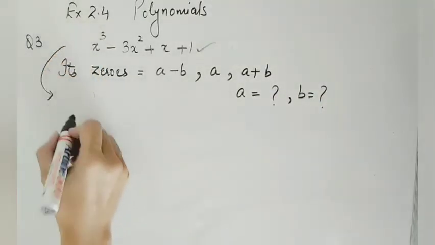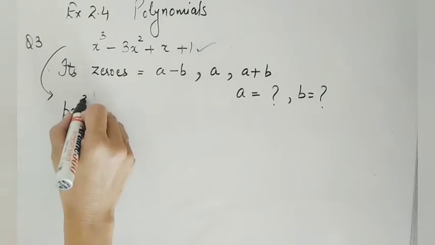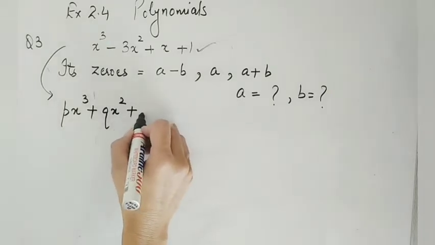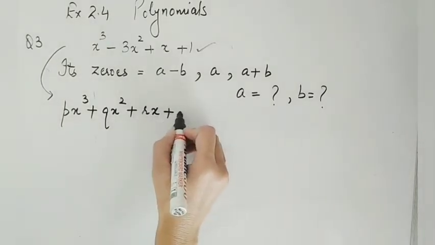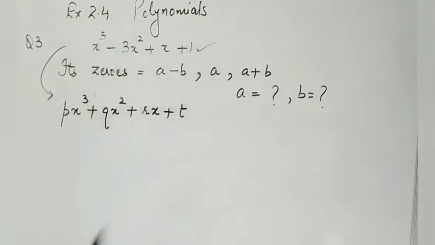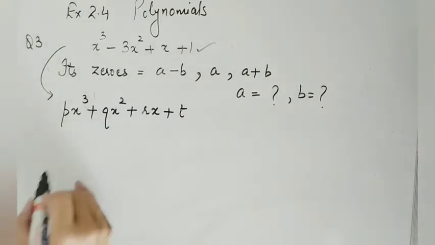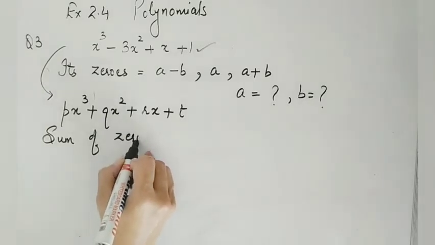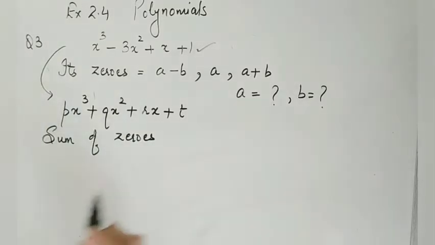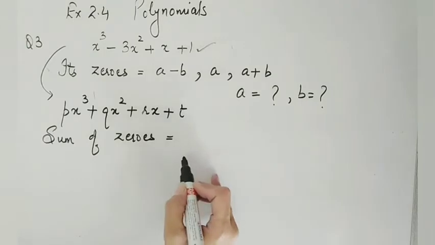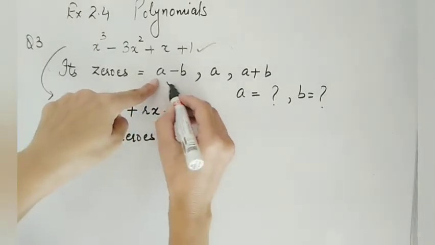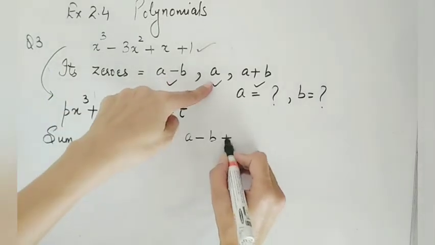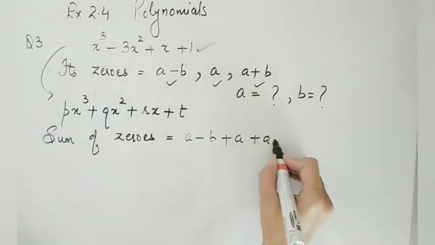Let this polynomial be compared with px cube plus qx square plus rx plus t. When I say sum of zeros, it will be the sum of these three zeros, which is a minus b plus a plus a plus b.